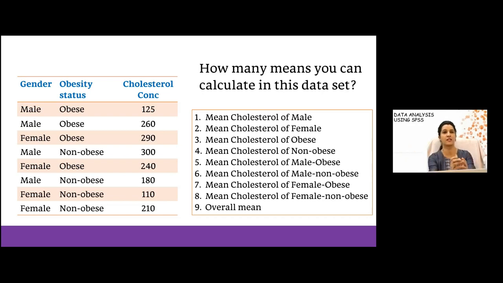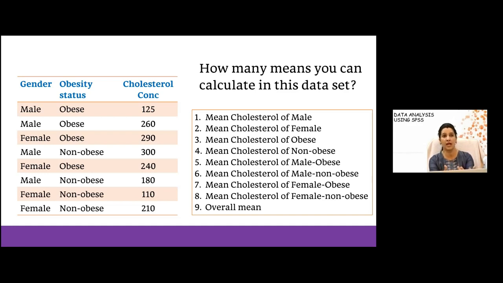So did you get this? How many means do we calculate in this case? There will be an overall mean, a mean cholesterol of male, a mean cholesterol of female, a mean cholesterol of obese, a mean cholesterol of non-obese, and then again the cholesterol levels of the combinations or the cells which we talked about.